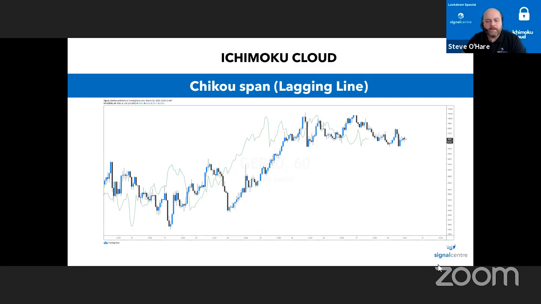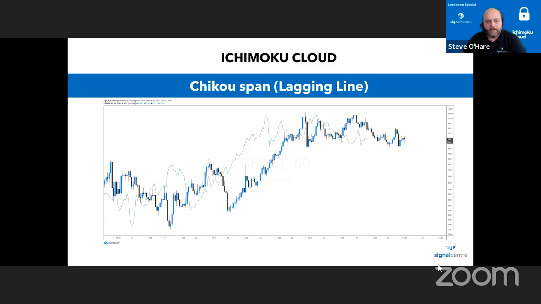Yeah, that's all right, the lagging line is projected 26 periods in the past. So again, that component can be used when we bring it all together and bring the cloud in, bring the signal line in, and bring the baseline in. It can all make a little bit more sense.